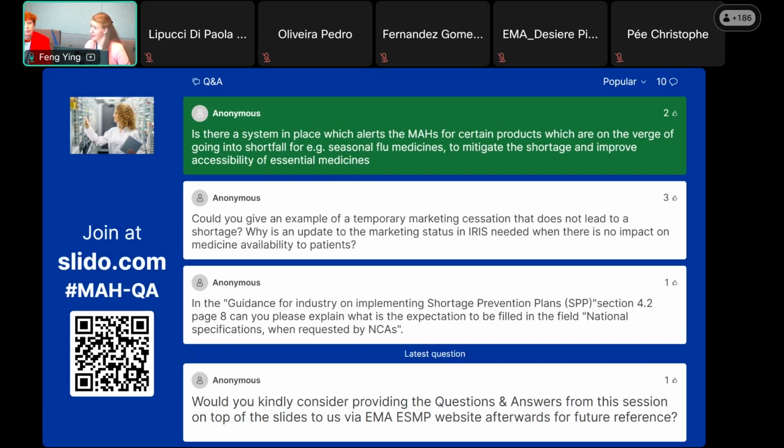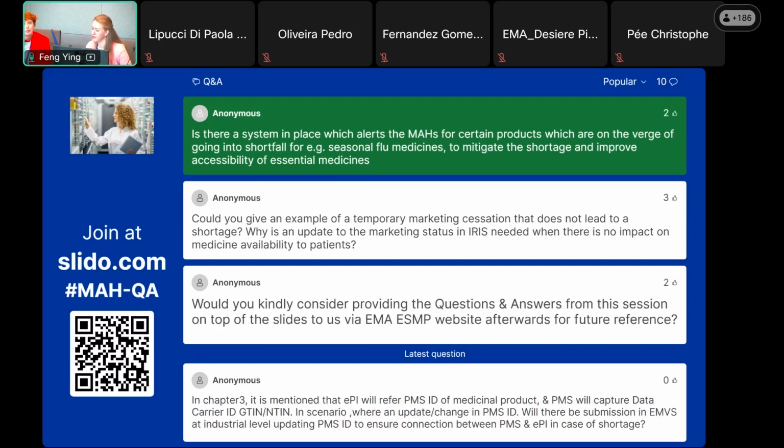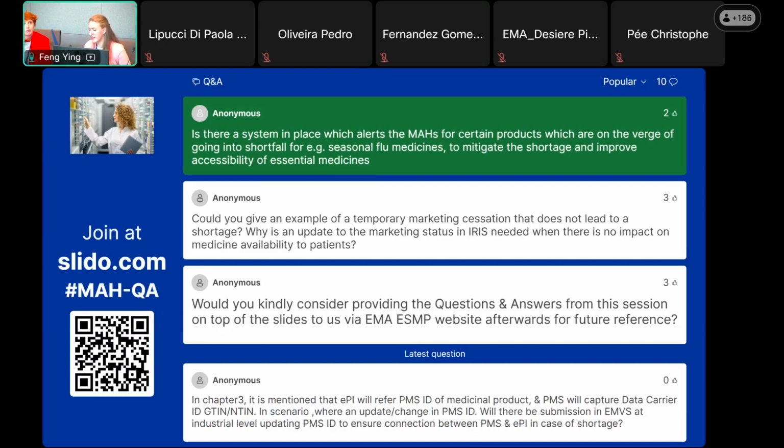On this, while the European Medicines Regulatory Network has tools to monitor supply and demand during crisis situations, to detect signals and also confirm disruptions, which allows for exchanges with relevant MAHs, companies should diligently have contingency plans in place to mitigate or prevent shortages if they occur as a part of their risk assessment.